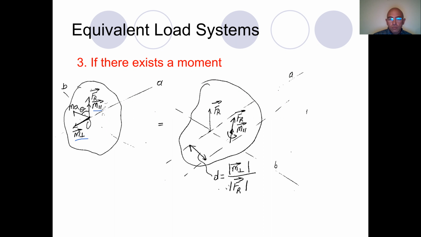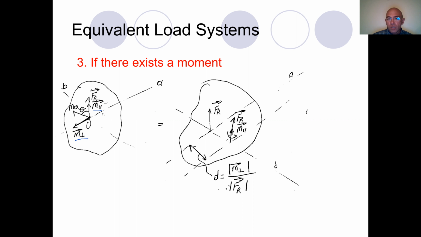Now, in this case, in order to find the location at which there is no in-plane component of the moment, we can easily find it by using the perpendicular component of the moment, the magnitude of the Mt divided by Fr.